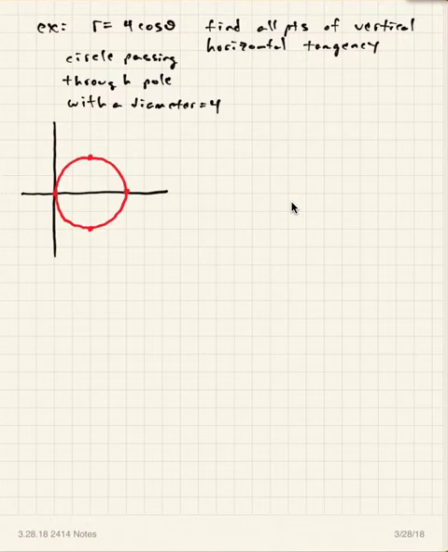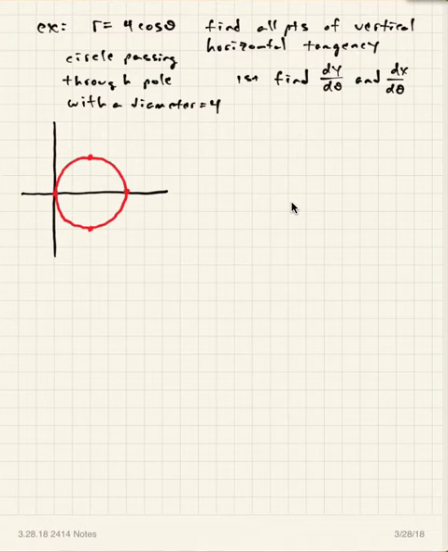All right, so remember what we're going to need to do first of all in a problem like this is first find dy d theta and dx d theta, right? Because we know that's how we're going to find horizontal and vertical tangents here. So first find dy d theta and dx d theta.